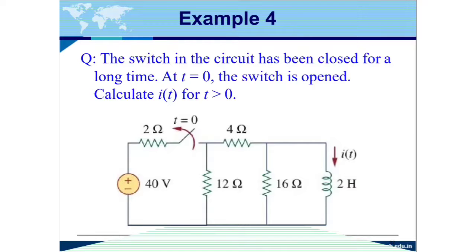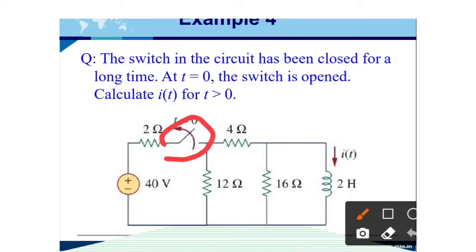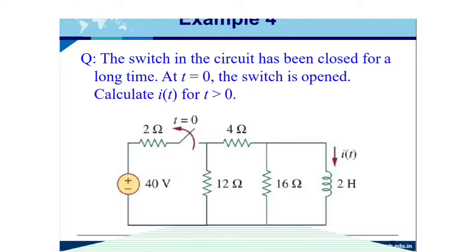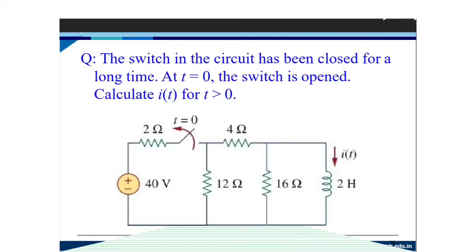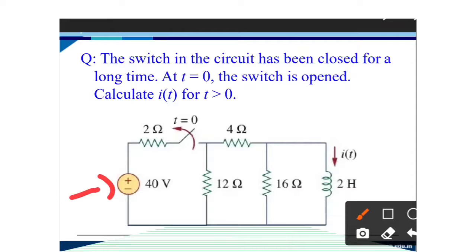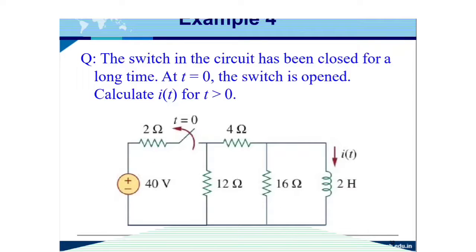Now calculate I of t for t greater than 0. In the circuit, this is the switch, which opens at t equal to 0. The supply is 40 volt, with 2 ohm, 12 ohm, 4 ohm, 16 ohm, and a 2 Henry inductor, and we have to find I of t. This type of example is asked in exams.